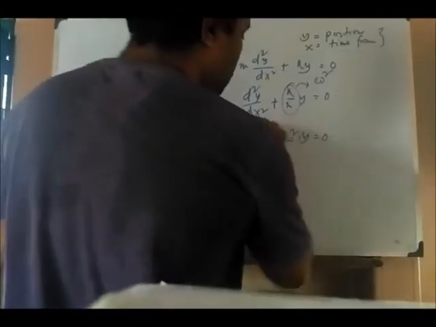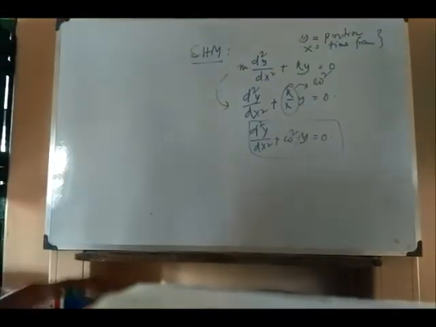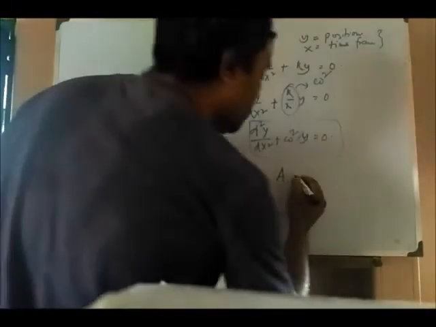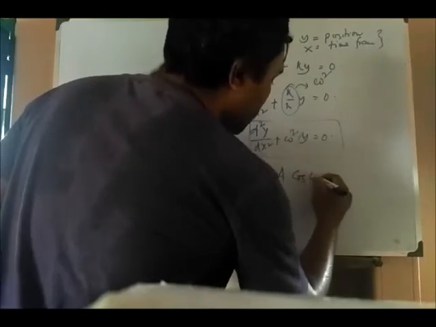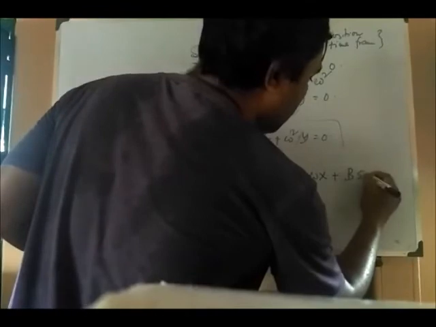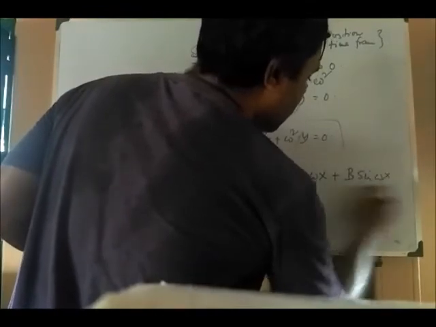Now from this equation, this is a very simple equation, and you already know that the solution of this differential equation will be y(x), a function of x, that will be some arbitrary constant a cos omega x plus b sin omega x.